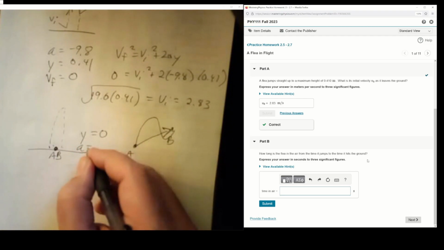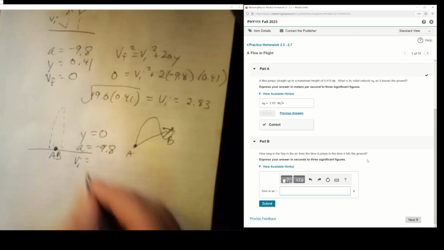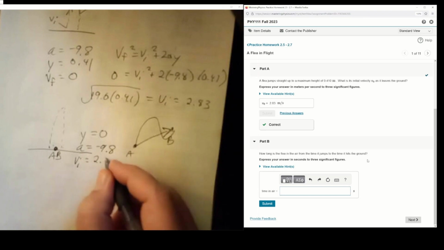We also know acceleration is minus 9.8. And we have an initial velocity from the last problem.